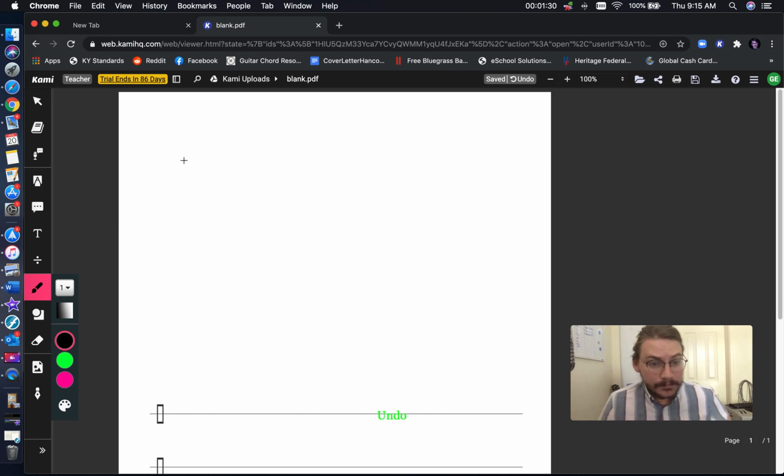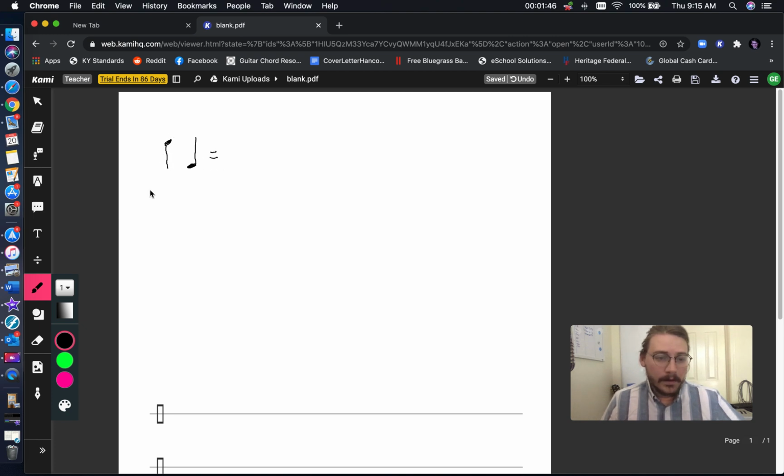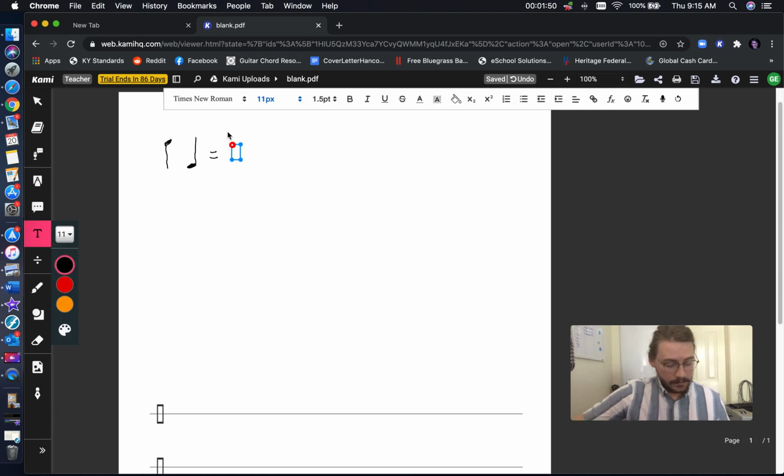Okay. So, the first one we're going to be talking about today is a quarter note. We talked about this note last time. We can have the stem going up or going down. Remember, the stem going up is on the right, stem going down is on the left. Let me add that name in there for a quick review. It's a quarter note.